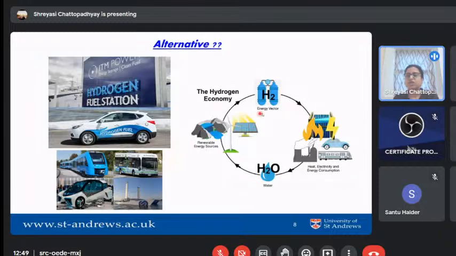Why? Because we can produce hydrogen simply from water, which is not very easy, but it's doable. We can make it. And when you're using hydrogen, it produces only water, which is also not harming our environment. That means hydrogen is a good fuel to use for the future to protect our earth.